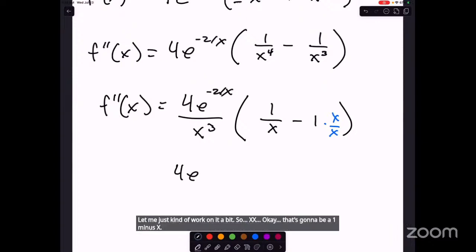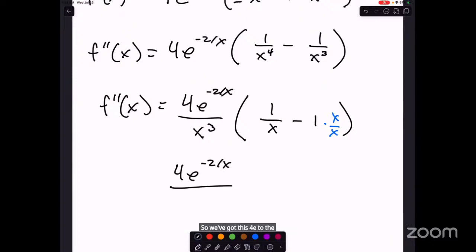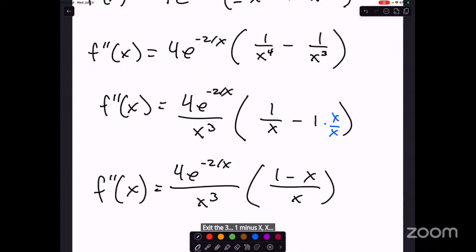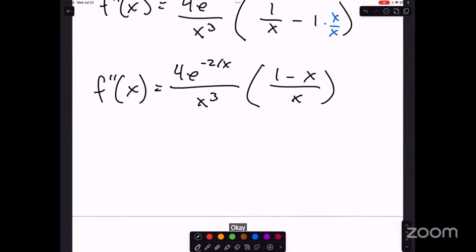So we got this 4e to the negative 2 over x, x to the 3, 1 minus x, x. Would that make it worse? That might make it worse. Ugh. Okay, so I'm going to leave it here.